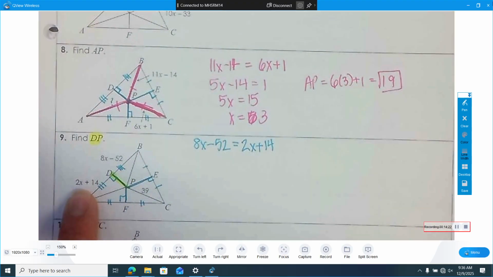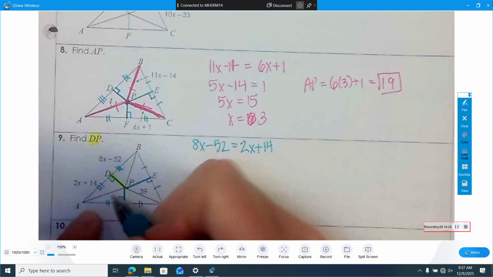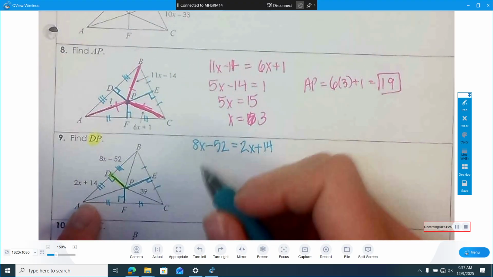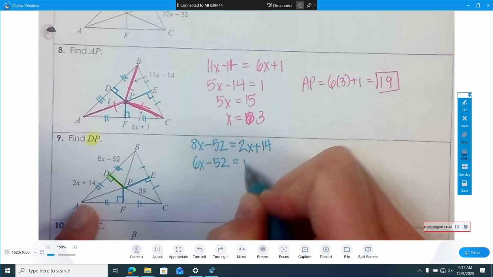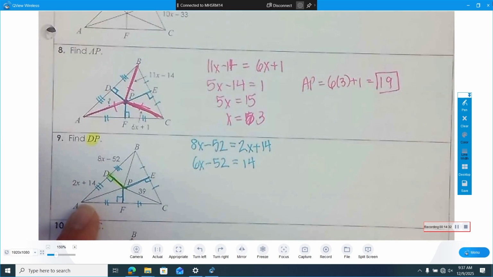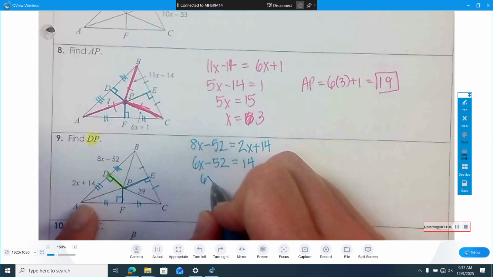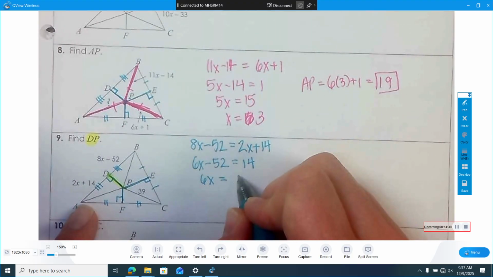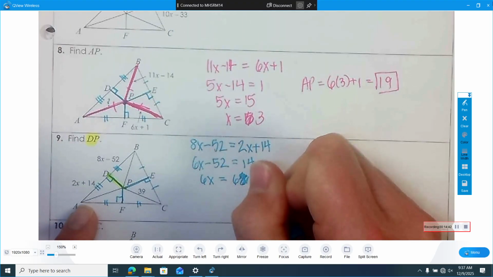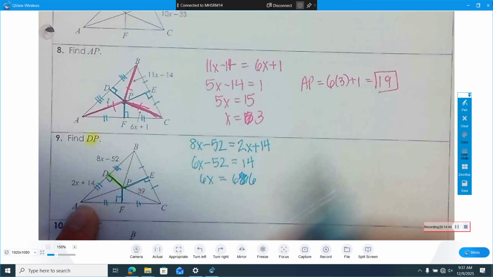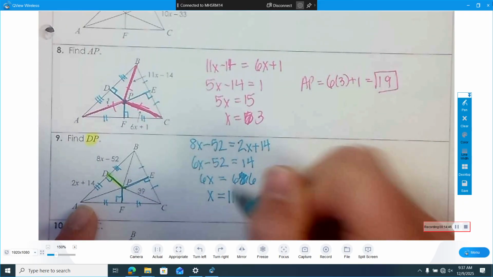So this can help us figure out x, which we will plug in and help us figure out a leg. So let's see, I'm going to subtract 2x. That gives me 6x minus 52 equals 14. And then I need to add 52. So we get 6x equals 66. Divide by 6, we get x equals 11.